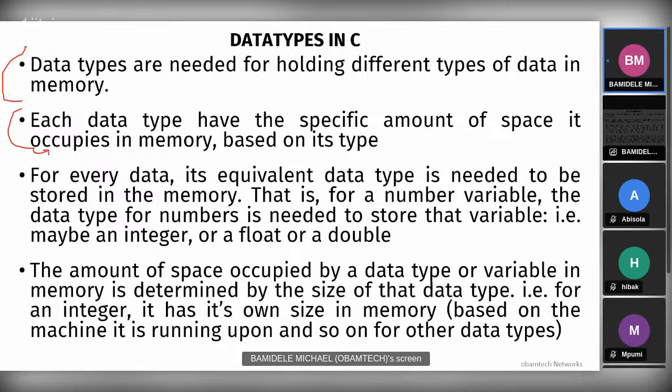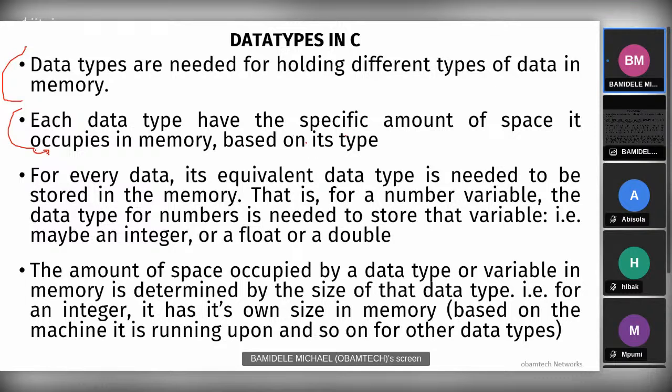C is a manager. C language is a good manager that knows how to manage something. So you, as the project manager that C language is, you must be specific and explicit with everything that you are doing. So data types have specific amounts of space they occupy in memory.